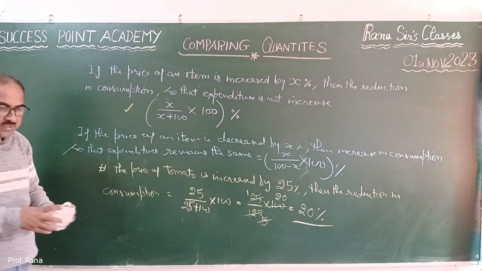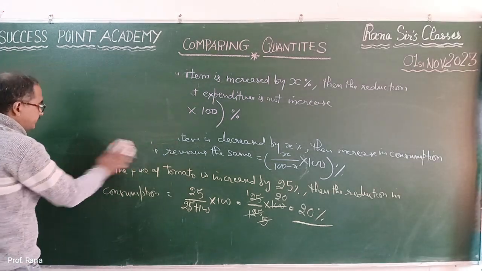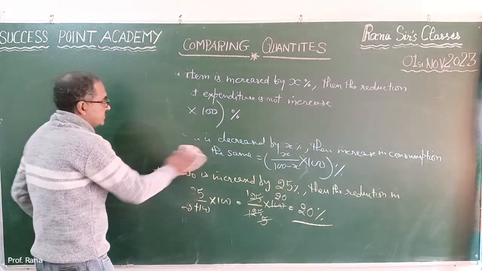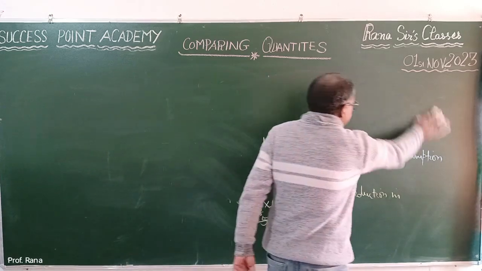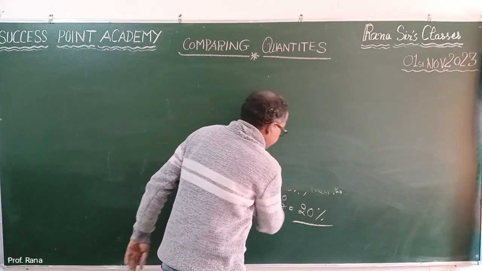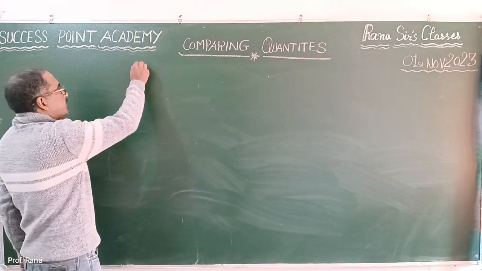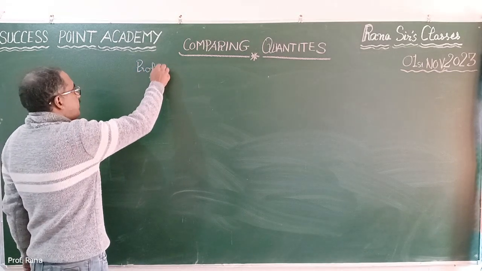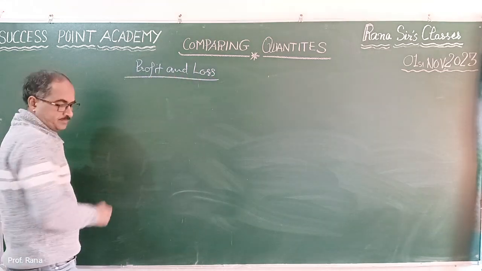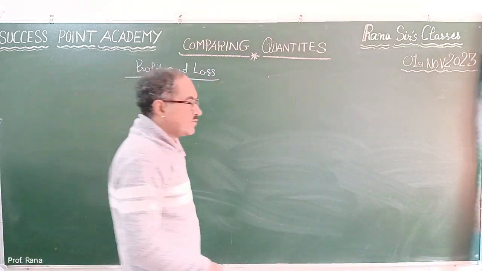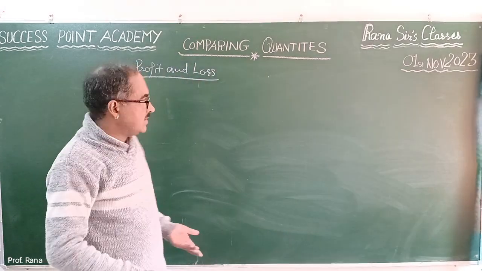Next topic we will try to understand is profit and loss. So write down profit and loss. First, you should understand what is cost price and what is selling price.